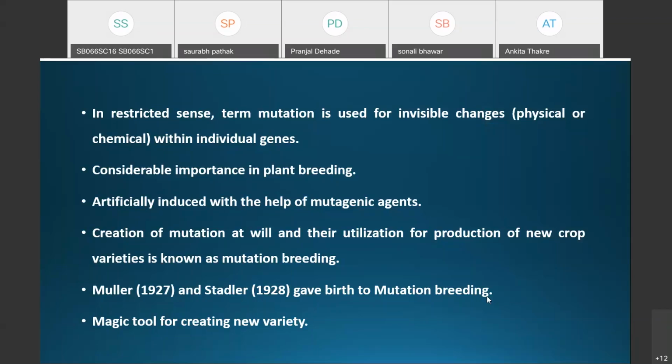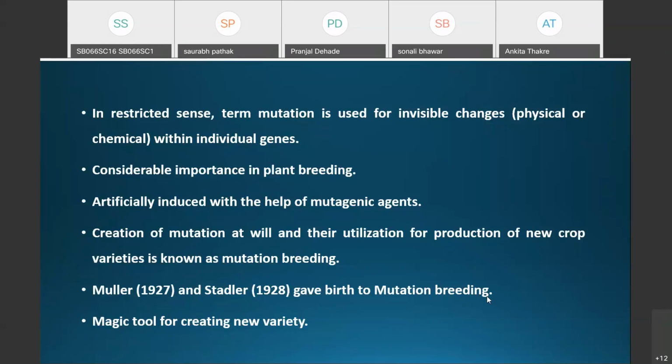While in hybridization, what happens? Two pure lines having different genetic constitution are crossed with each other. That means in hybridization, the genetic constitution of the two pure lines is only combined together to form the new variety.